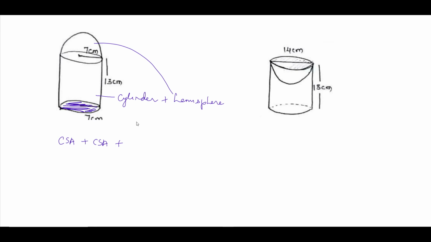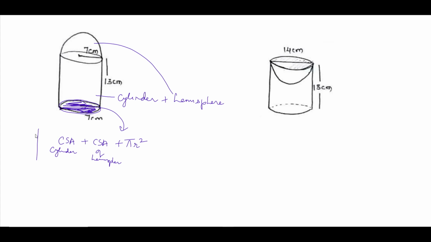It is in the form of a circle, therefore the area will be pi r square. Hopefully you are understanding. CSA of cylinder plus CSA of hemisphere plus the base portion, that is pi r square.